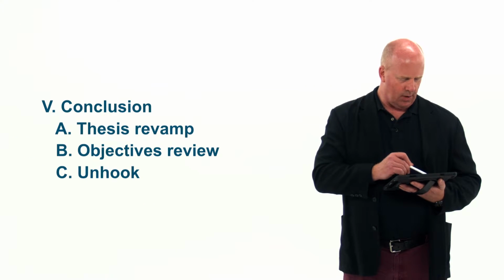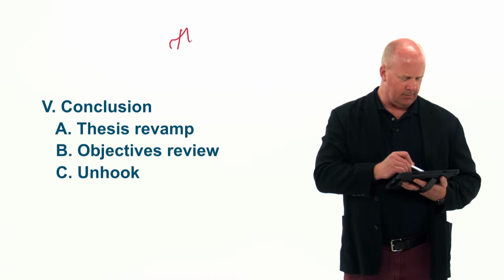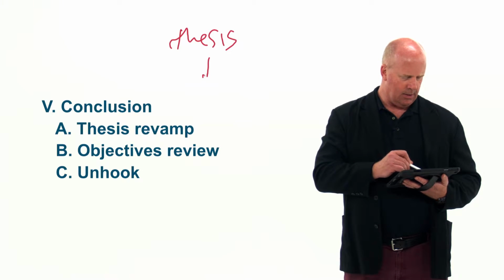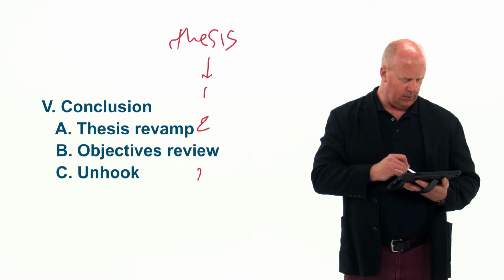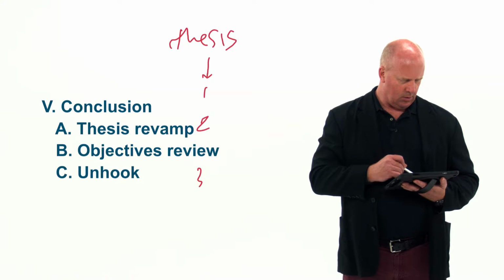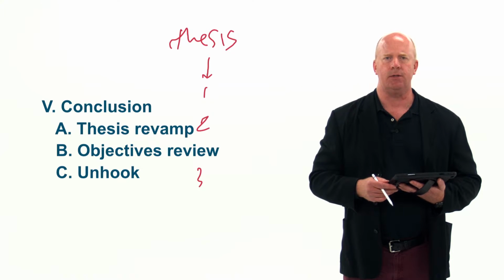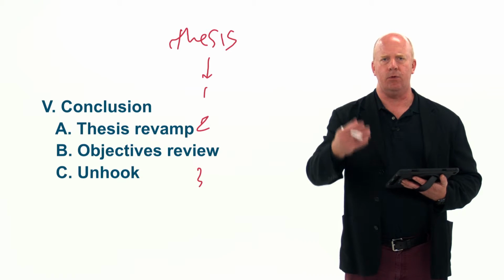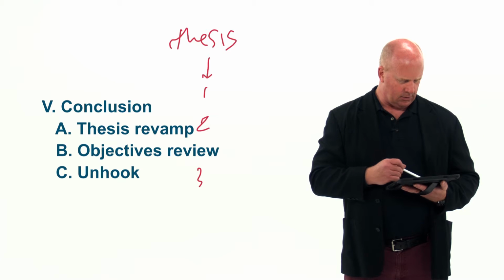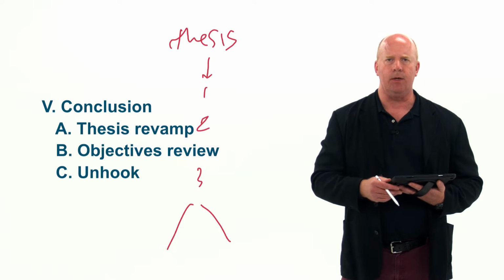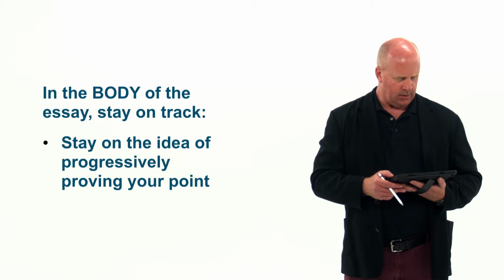If you go up to the thesis statement, you've got the thesis statement, and you're going down 1, 2, and 3, and then you've got a conclusion here with the ending. So you want to revamp your thesis, review your objectives, and then unhook it. So you're kind of funneling out at the bottom here. Just to give you an idea here.